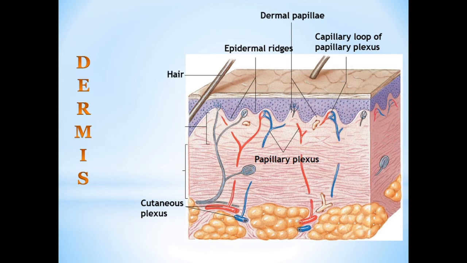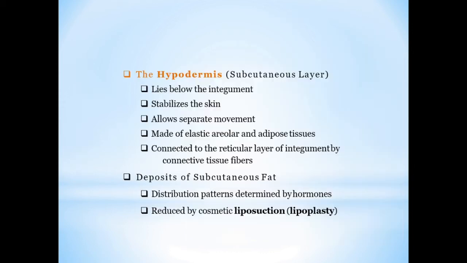This is hair. These are the papillary layers, and this is the reticular layer. These are the two layers. This is the outermost layer of the dermis which is called the papillary layer, and the innermost layer is called the reticular layer. This is the cutaneous plexus.